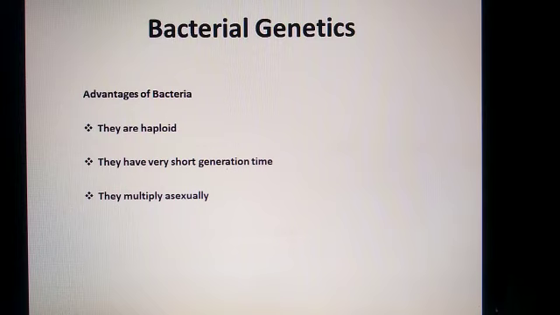Sexual reproduction, in which individuals of the same species must mate with each other to give rise to progeny, can complicate genetic experiments because the progeny are never identical to their parents.